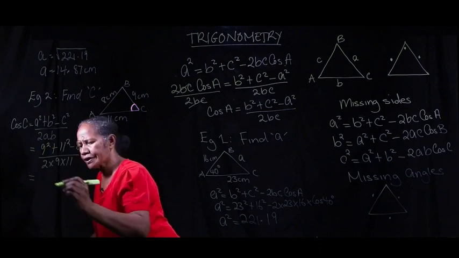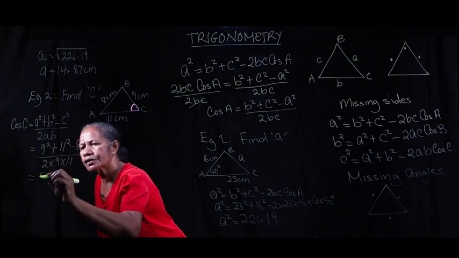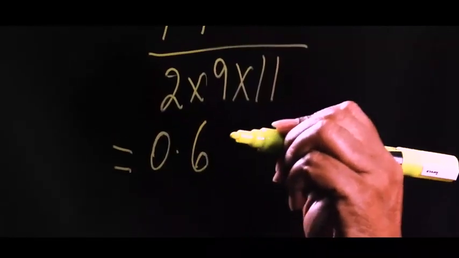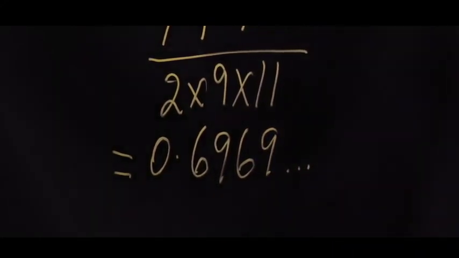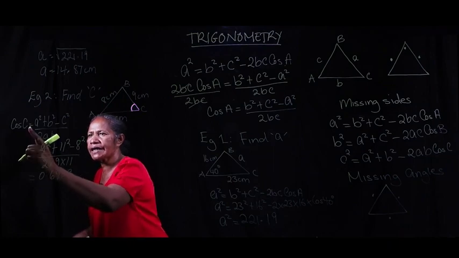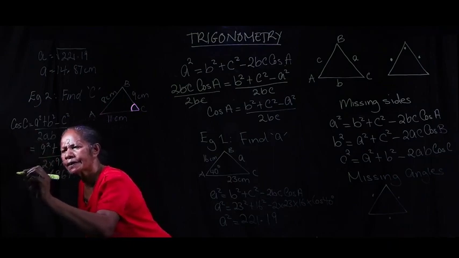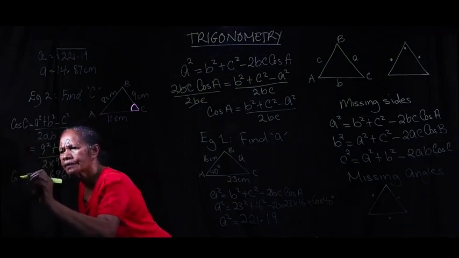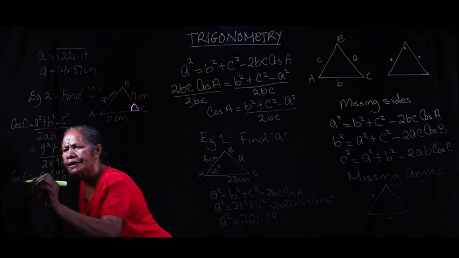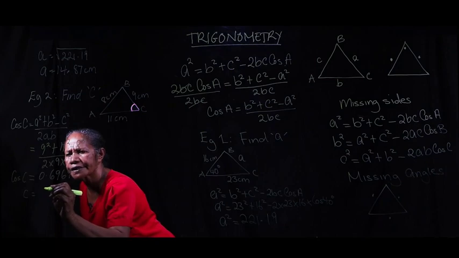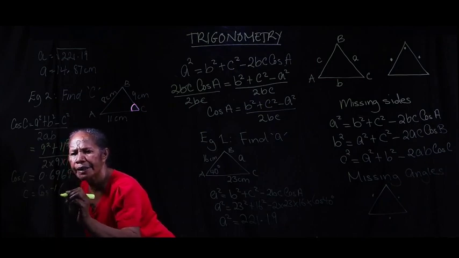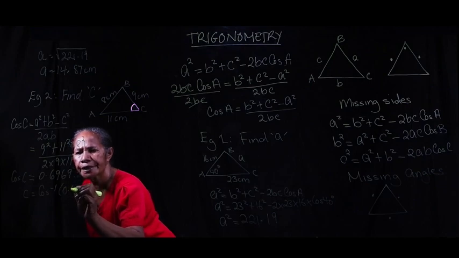And that should give us 0.6969 recurring. So this is cos C. To find C, that should give us cos to the negative 1 of 0.6969.